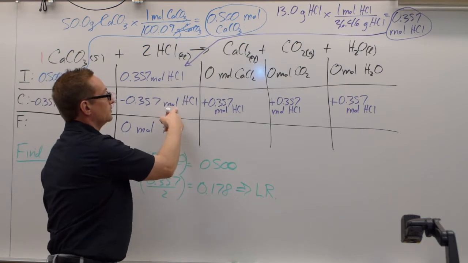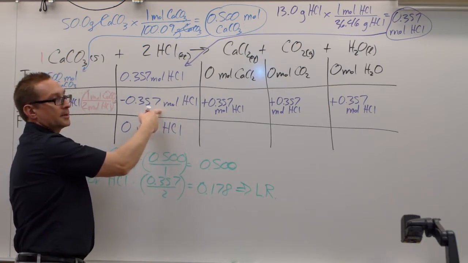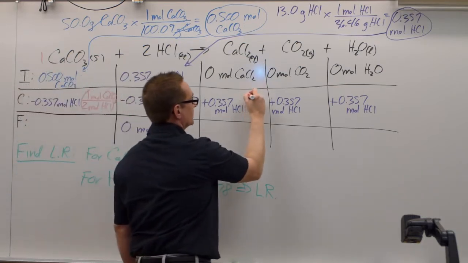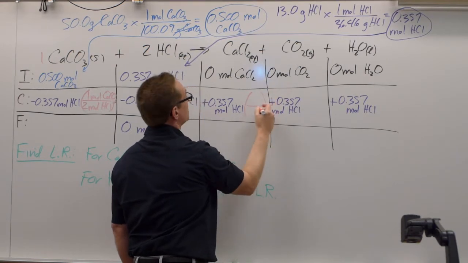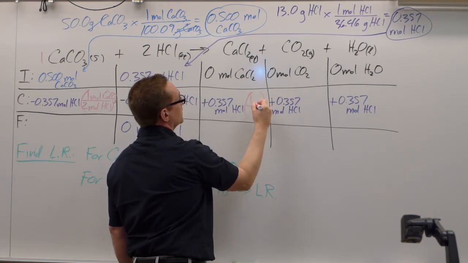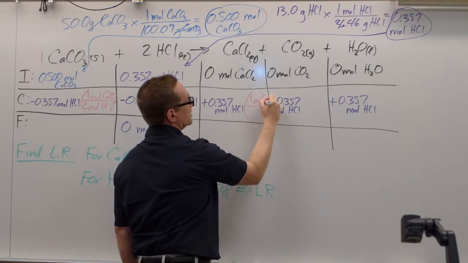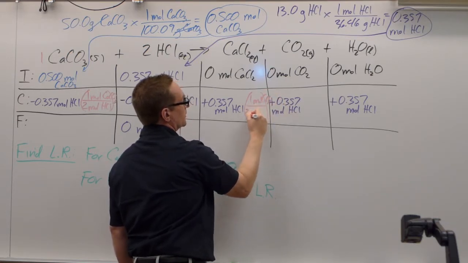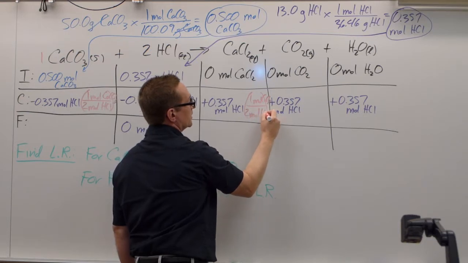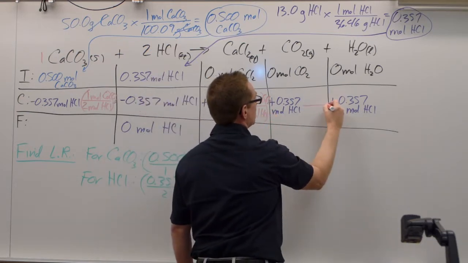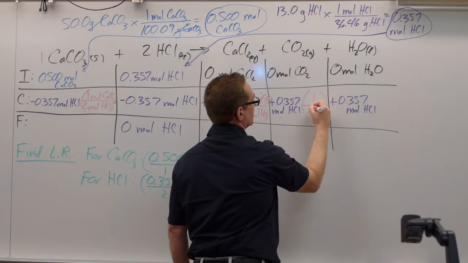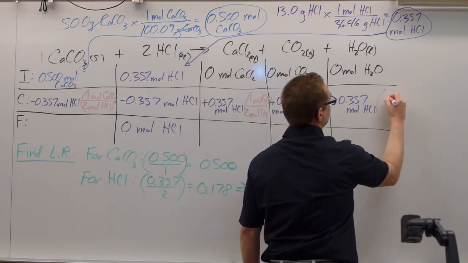All right, this column is the limiting reactant, so we don't need to worry about stoichiometry for that. This is going to be 1 mole of calcium chloride for every 2 moles of HCl. This will also be 1 over 2, and this will also be 1 over 2.